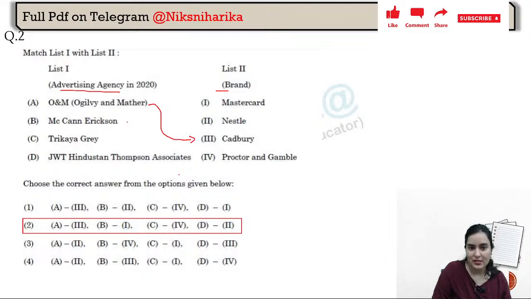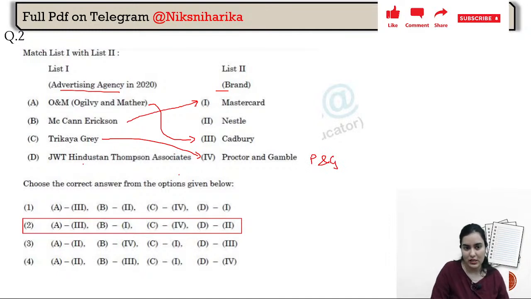Mackin Erickson is the advertising agency for MasterCard. Then Trikaya Gray is the advertising agency for PNG, products you might have seen in advertisements, and JWT Hindustan Thompson Associates were the advertisement agency for the brand Nestle.